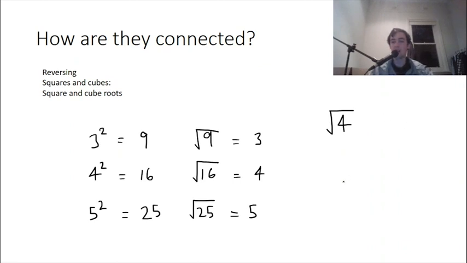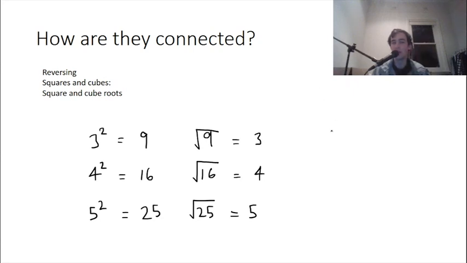What number, when I square it, equals 4? And whatever that number is, that's the square root of 4. So hopefully you can see that the only number squared to get 4 is 2. So the square root of 4 is 2. So if you have a square root, really that square root is asking the question, what number do I have to square to get to this number inside my square root?